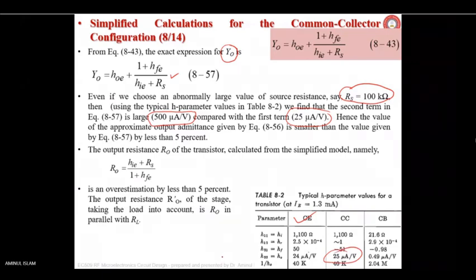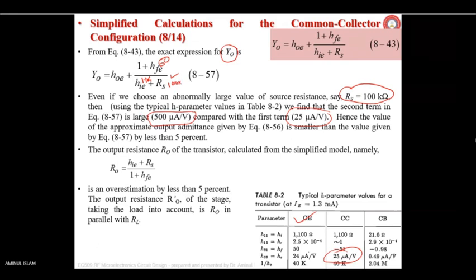For a common collector configuration, it is 25 microampere per volt. And if you put these values from this table, 1 plus HFE is 50, and HIE is about 1.1K, and this you have assumed as 100K.